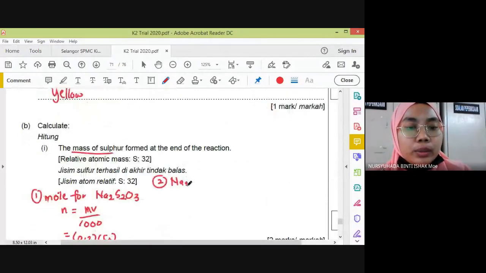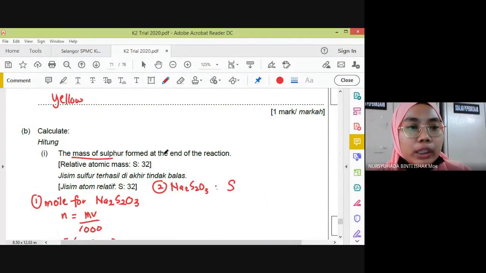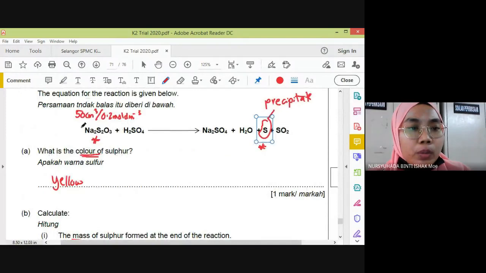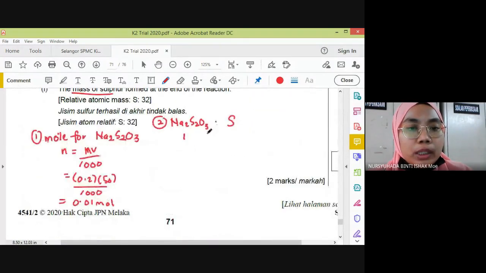Pandai. So Na2S2O3 ratio dengan S. Okay, from the equation kita nampak sodium thiosulfate 1, sulfur also 1. So from equation 1, 1. So from calculation this one is 0.01. So sulfur also 0.01 mol. Dah siap belum?